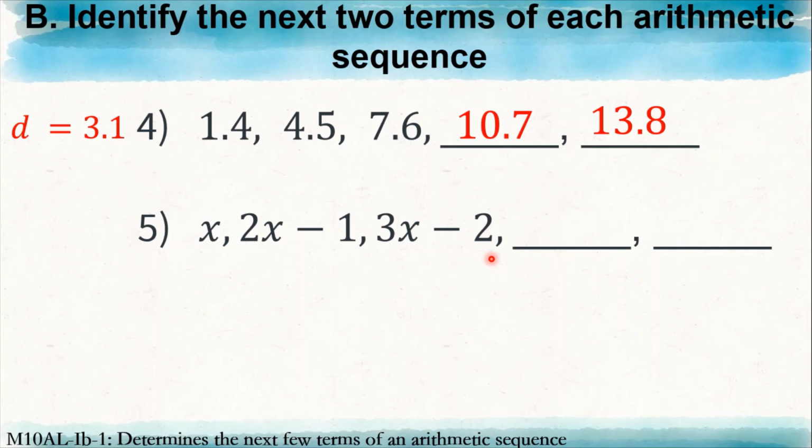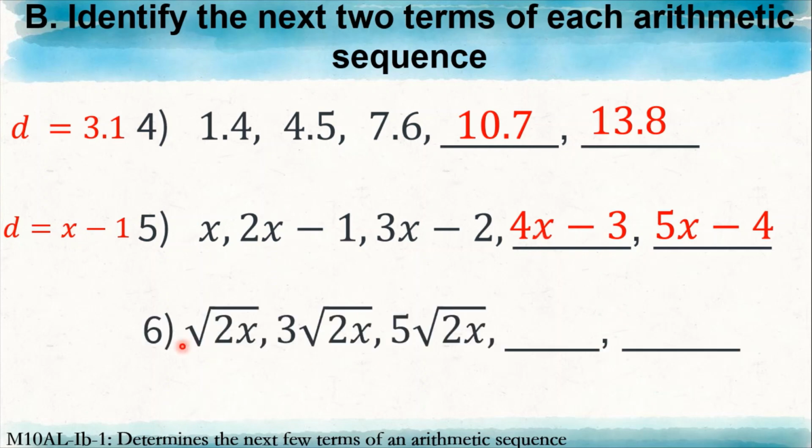So, ibig sabihin, ang kanilang pattern ay nagma-minus 1 tayo doon sa constant nila. So, our common difference is x or 1x minus 1. So, to get the next term, 3x minus 2 plus x minus 1. So, 3x plus x, 4x. Then, negative 2 minus 1 is minus 3. Then, 4x minus 3 plus x minus 1 is 5x minus 4.